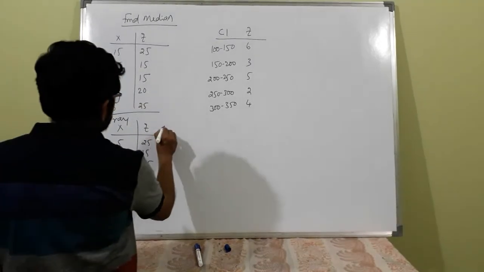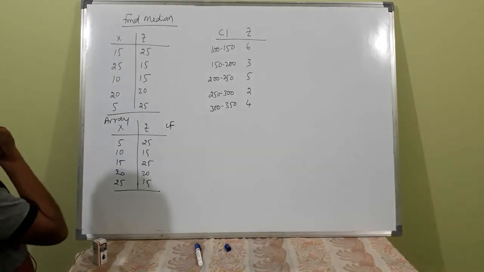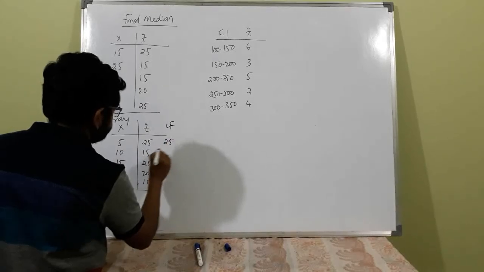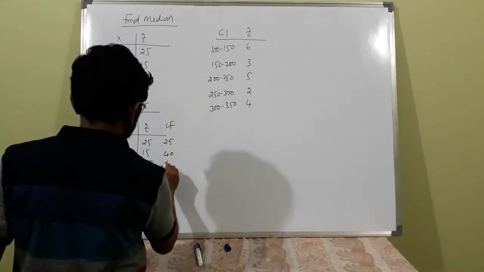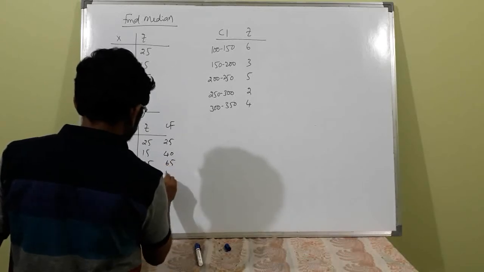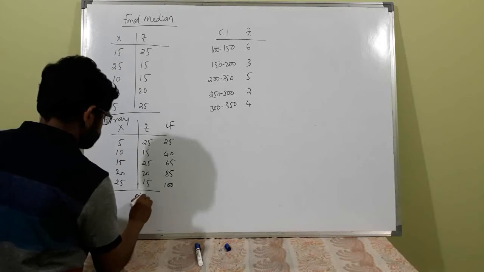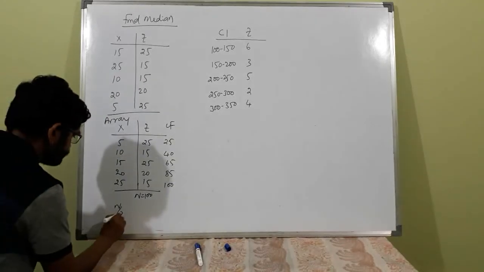Now write the cumulative frequency. Cumulative frequency is 25 plus 15, 40, plus 25, 65, 85 and 100. So n is 100. Now n by 2 is 50.